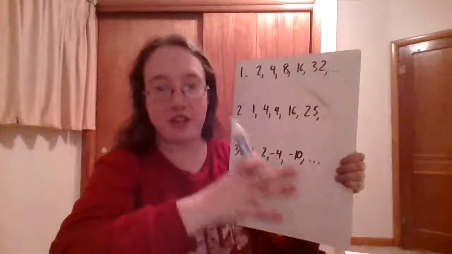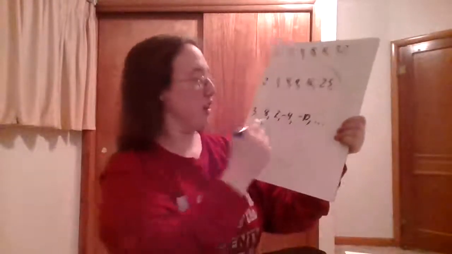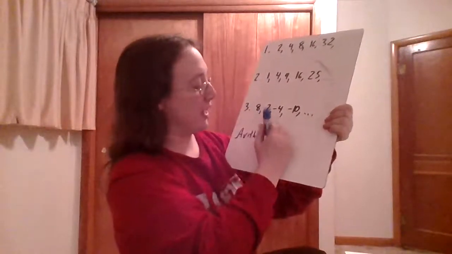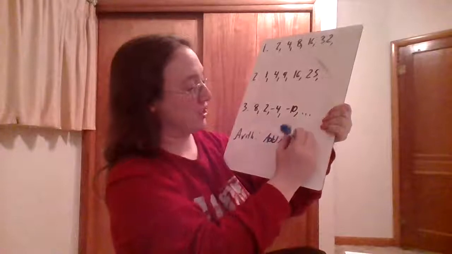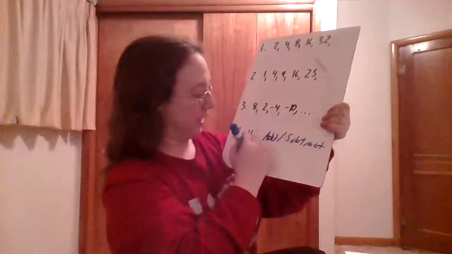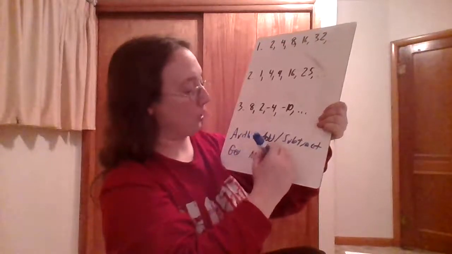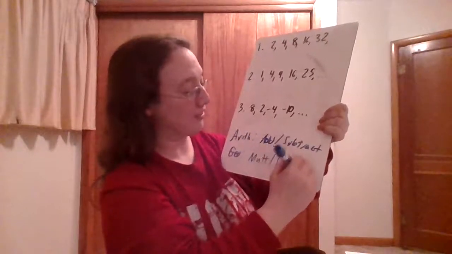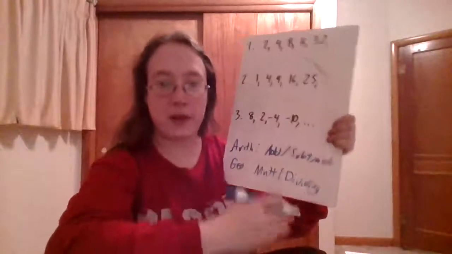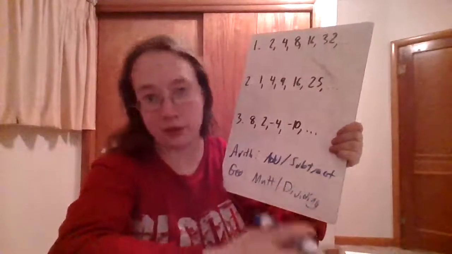The big thing is just not getting those mixed around. So you probably want to jot down that arithmetic is adding or subtracting to get to your next thing, and geometric is when you're multiplying or dividing to get to your next thing. Neither of those is neither.